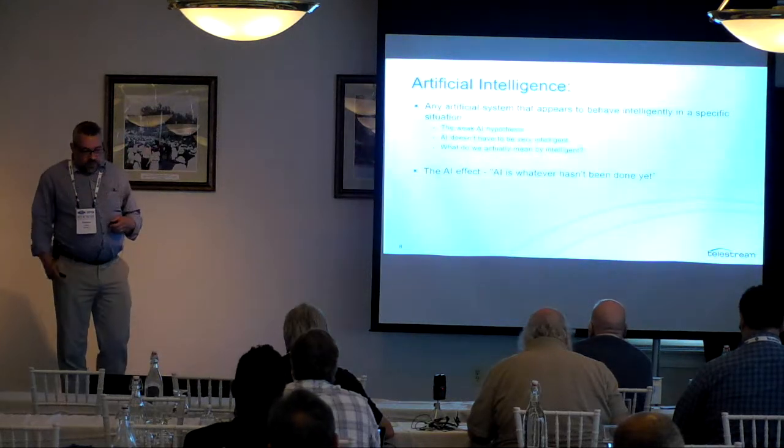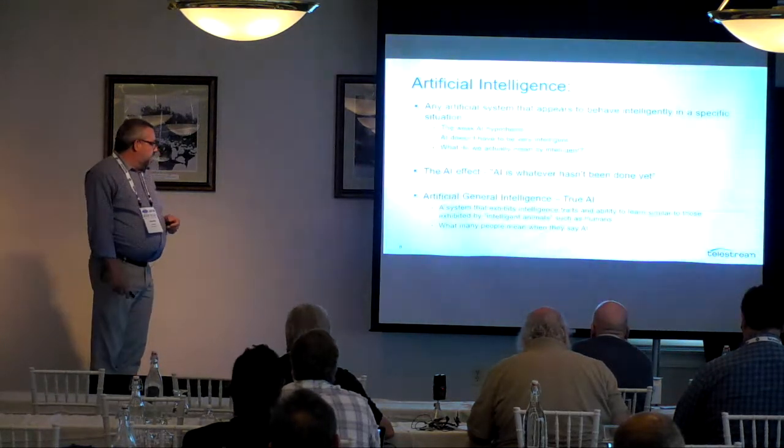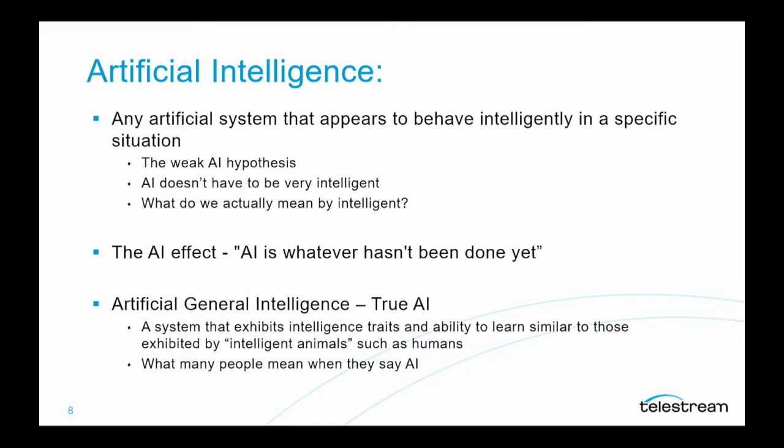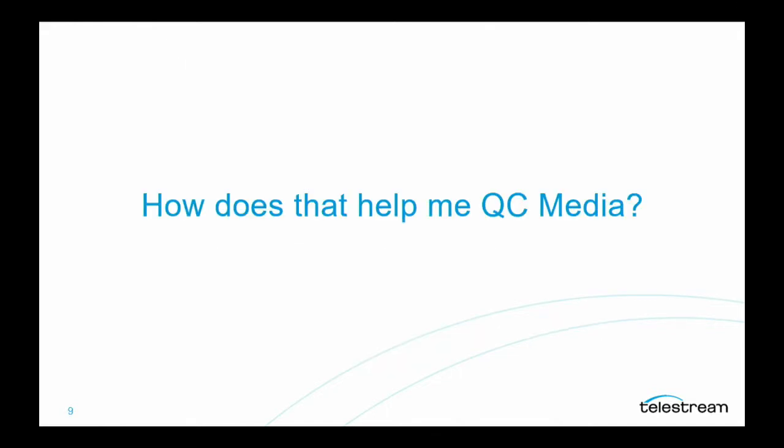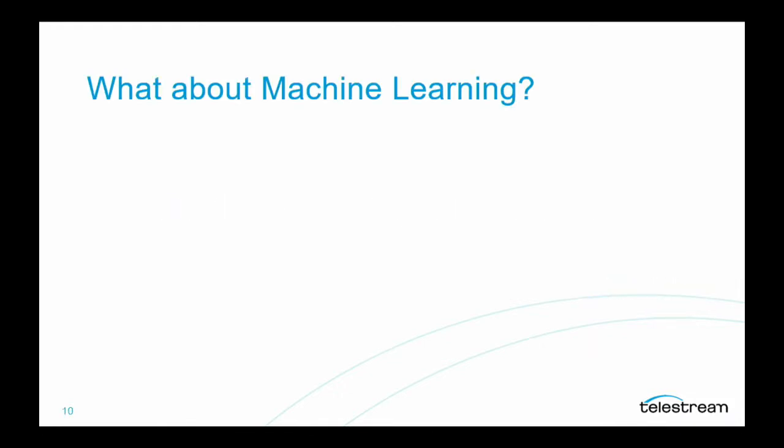And then as Logan alluded, we have this thing called artificial general intelligence or true AI. And I think this is where we're talking about intelligence that approaches that in breadth of a thinking animal or an intelligent animal. A lot of people think that's what AI means, and I would contend they may be right. But I think beyond that, we'll leave that to philosophers and sci-fi writers. So does that help me QC media? Not really.